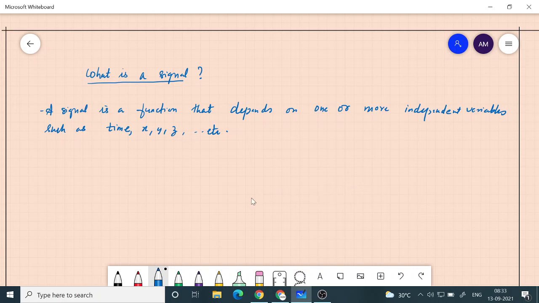So signal is a function that depends on one or more independent variables such as time, x coordinate, y coordinate, z coordinate.